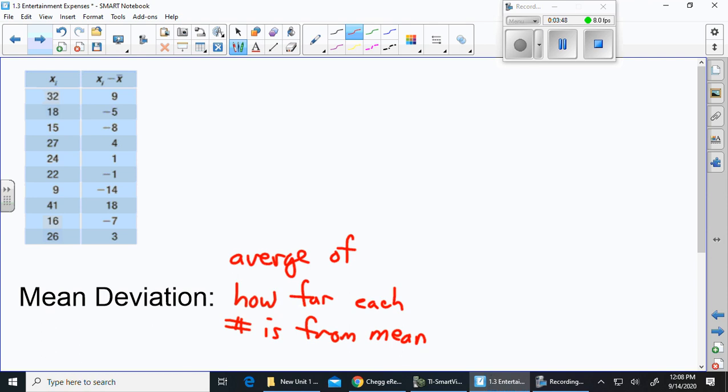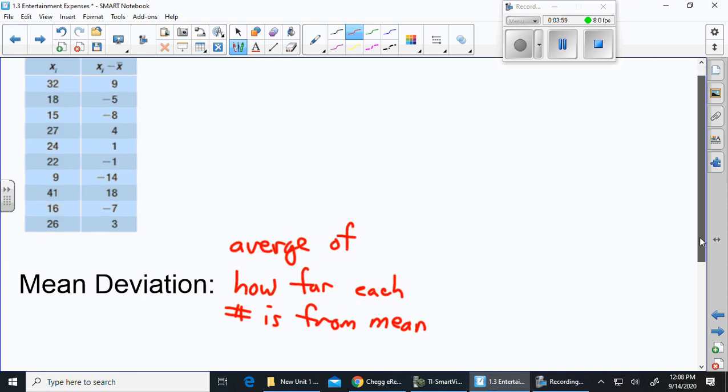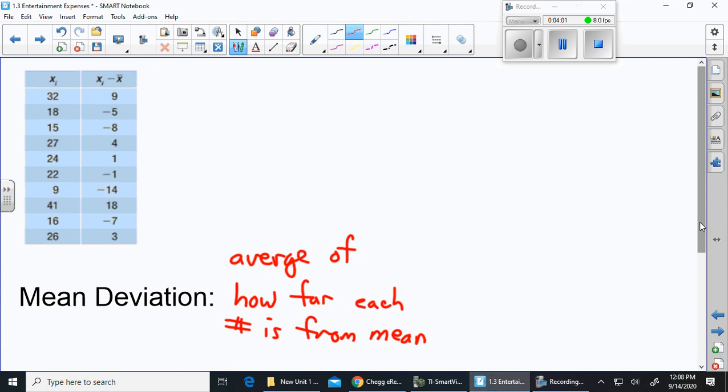So what we did here is we first found the mean, by adding all those numbers up and then dividing. There were 10 numbers, so the mean was 23.